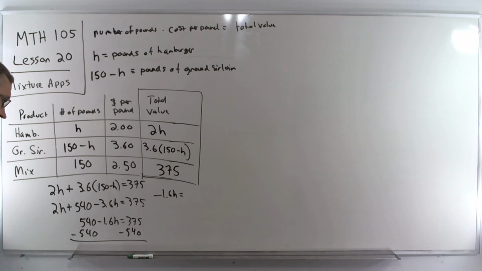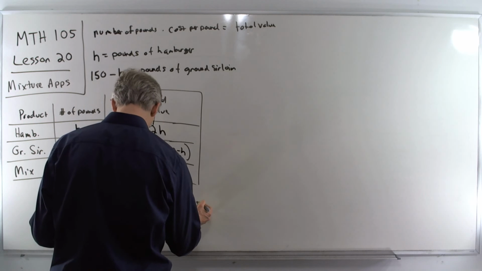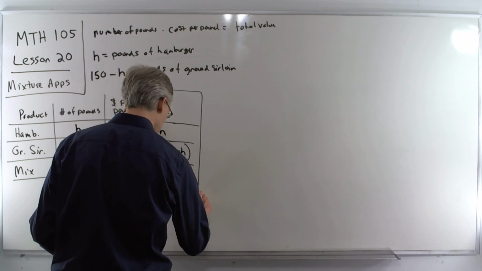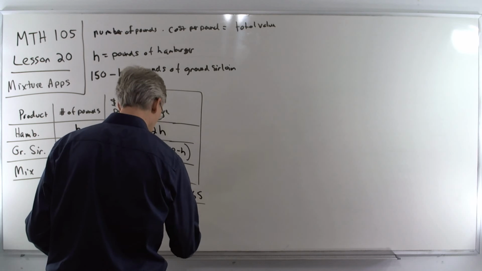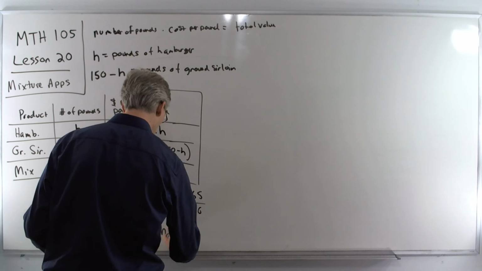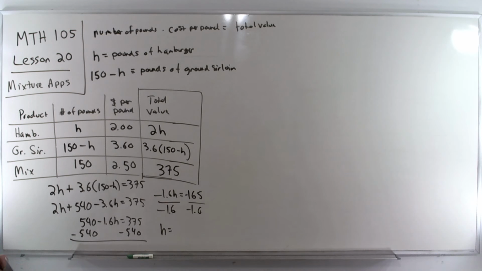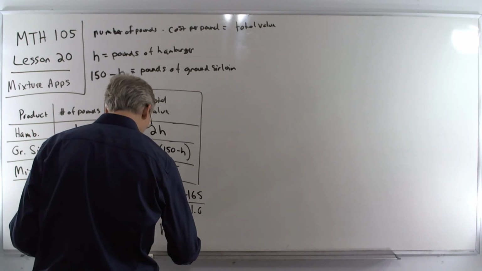So we have negative 1.6H equals negative 165. Divide each side by negative 1.6, and we get H is just about 103, or round to 103.